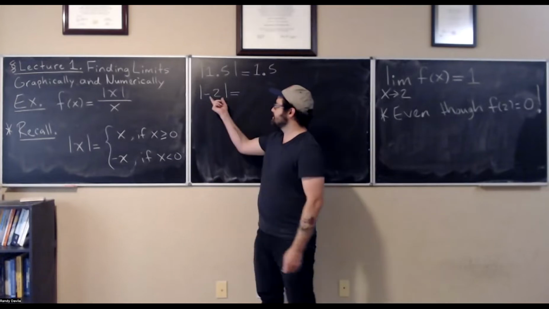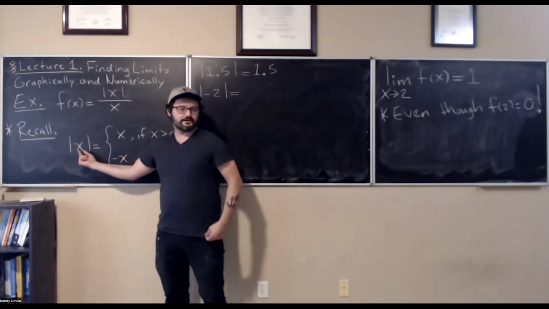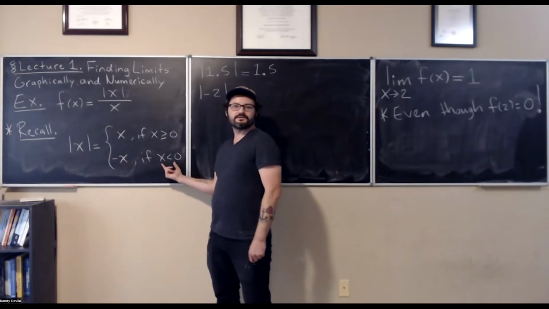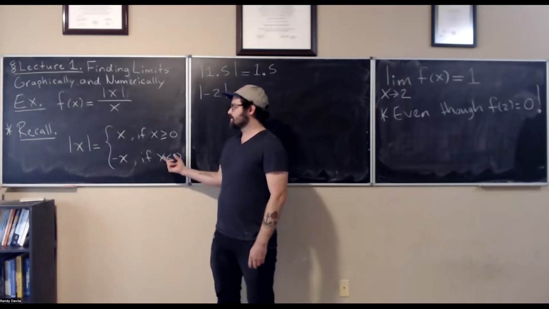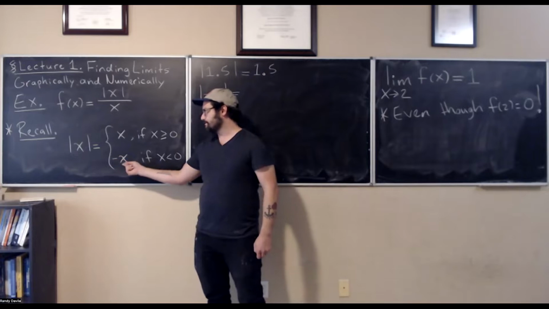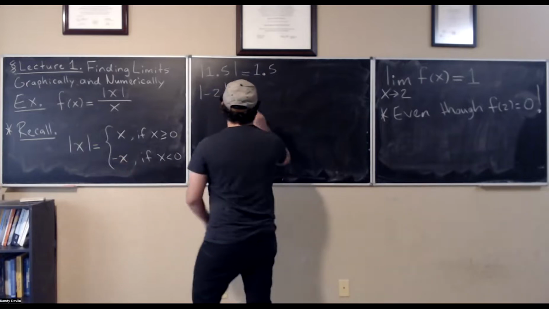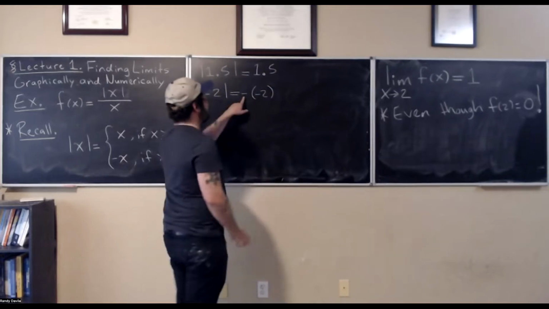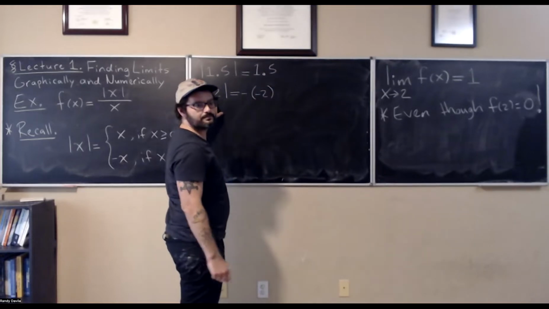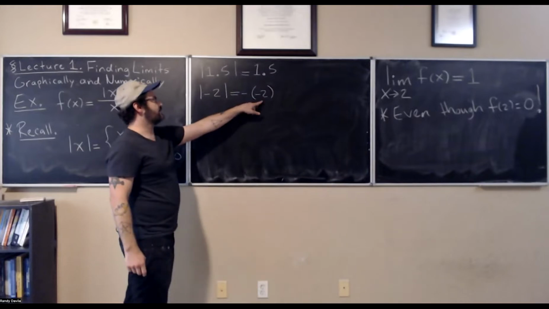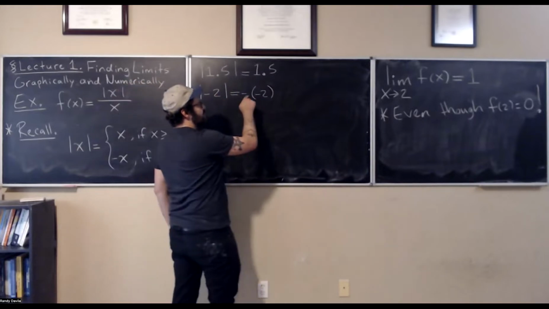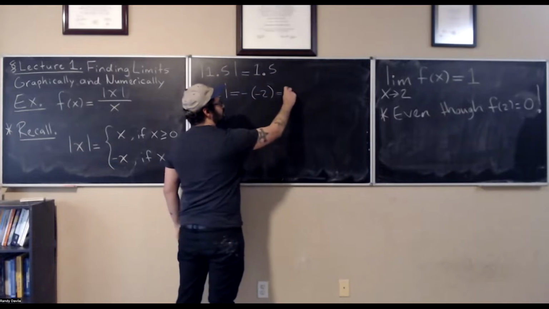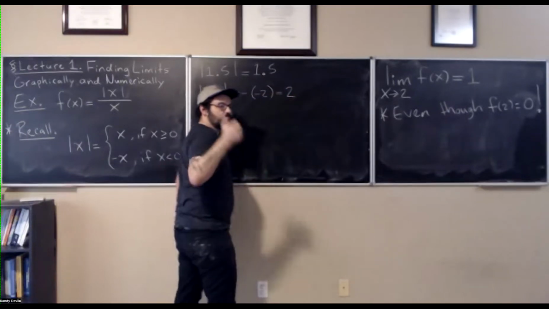In this case, x is -2, so -2 belongs here. It's less than 0, so we're going to return negative of x, negative of whatever's on the inside. So what's negative times -2? Positive 2.